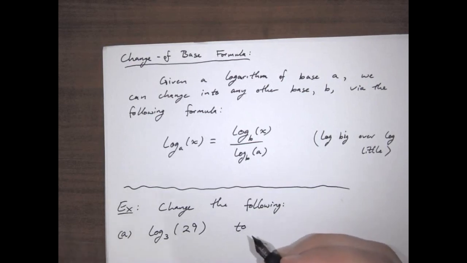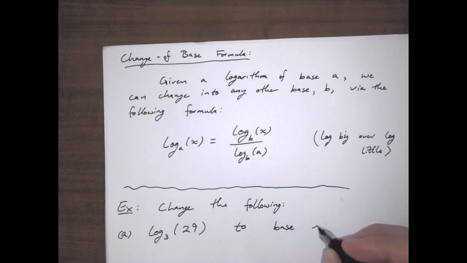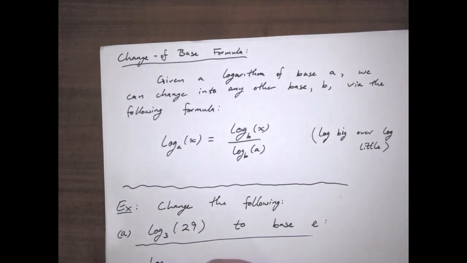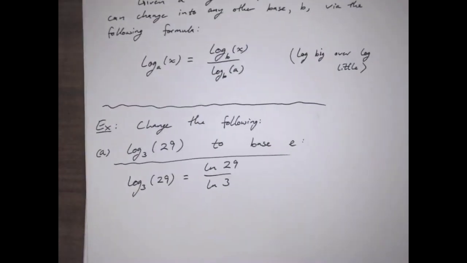We wanted to change that to base e. Well, here we have currently log base 3 of 29. So base e is going to be ln 29 over ln 3.